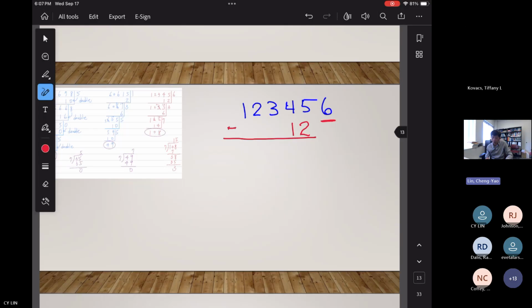Then I do subtraction here. But this number is still big. So I want to take this number off, and then I double it. Now I double it, I got a 6, is that right?